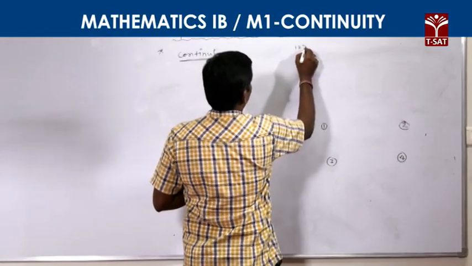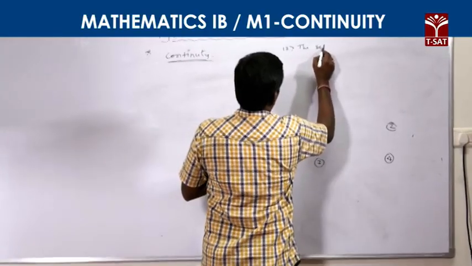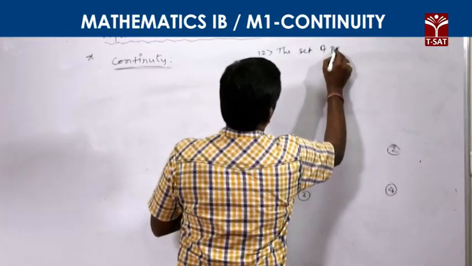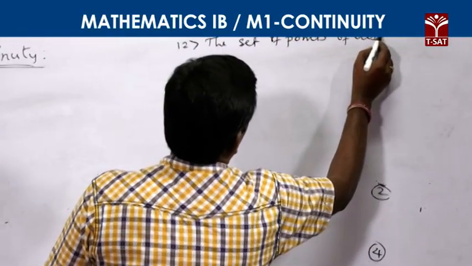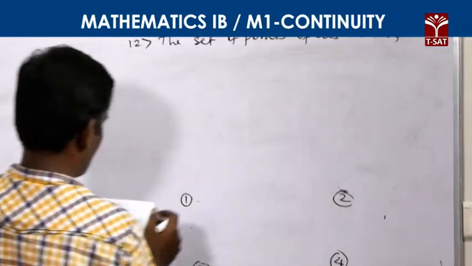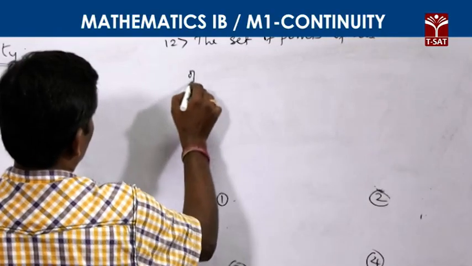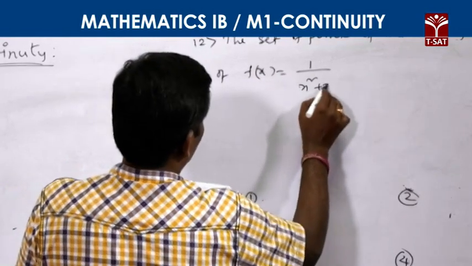Next, the 12th question. The set of points of discontinuity of f of x equals 1 by x square plus x plus 1.